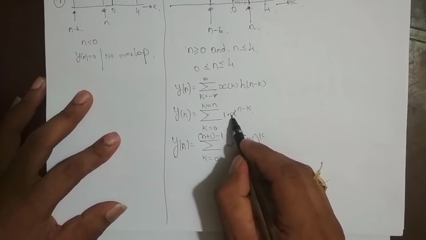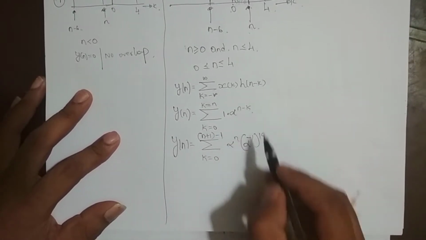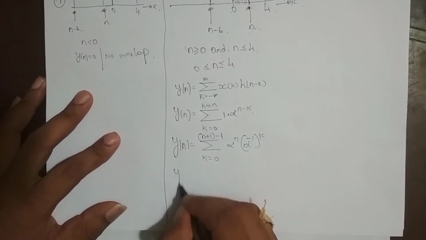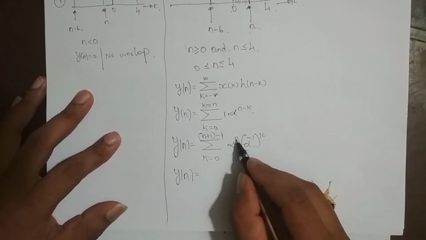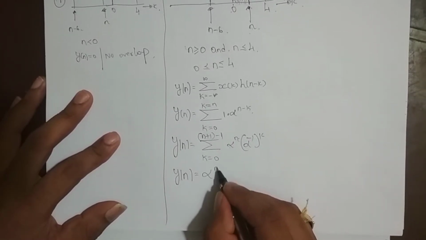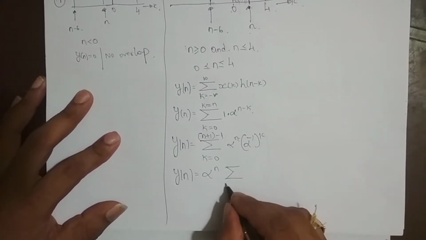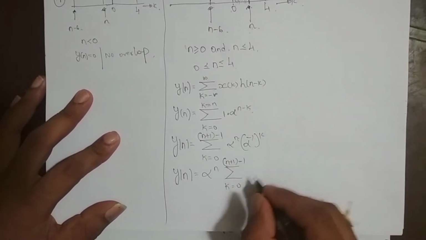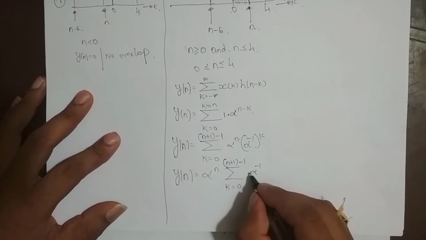So I split it up into alpha power n and alpha power minus k, and alpha power minus k I wrote as alpha power minus 1 whole power k. So y of n is equal to, since alpha power n is independent of k, it has nothing to do with k, so I'll take it out, and the left out term is summation k varying from 0 to n plus 1 minus 1 alpha power minus 1 whole power k.